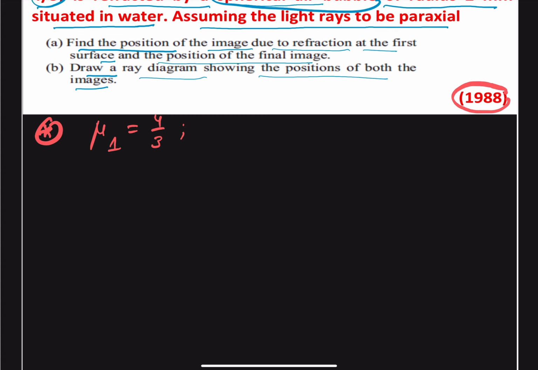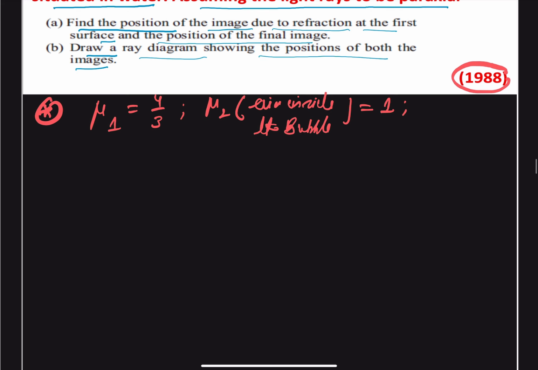So we can write mu 2, that is air inside the bubble, its value will be equal to 1, and as the incident rays are paraxial, the object will be at infinity.